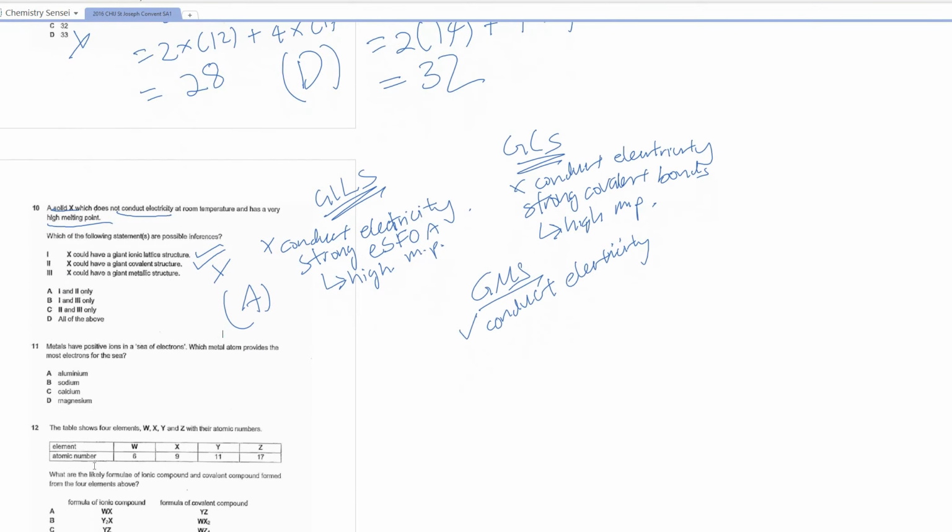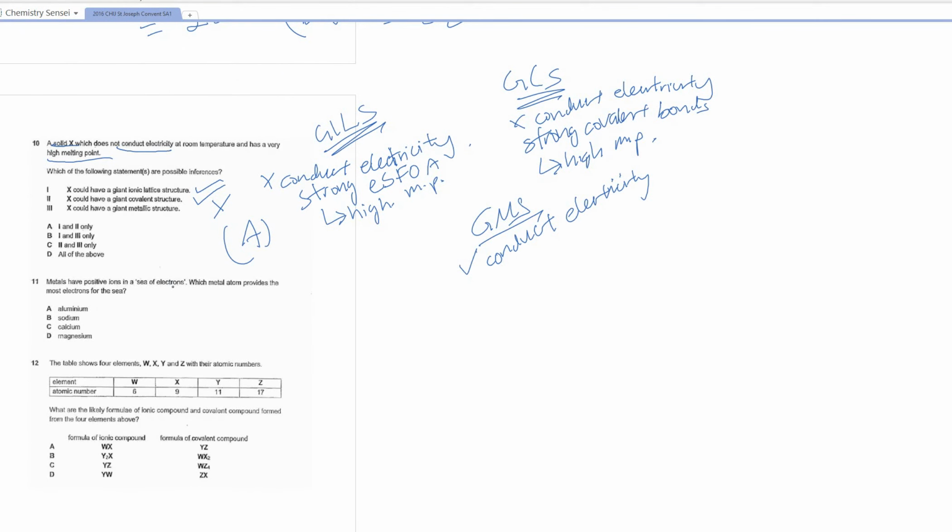Question 11. Metals have positive ions in a sea of electrons. Which metal atom provides the most electrons for the sea? The correct answer is option A. Why is that so? Because aluminium is from group 3, sodium is from group 1, calcium is from group 2. Similarly, magnesium is also in group 2.